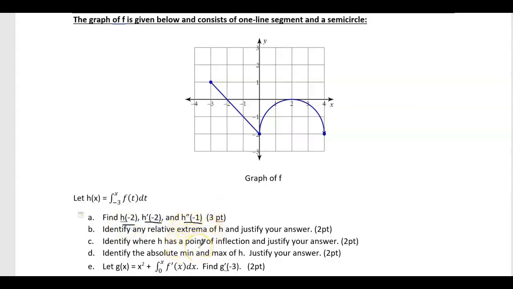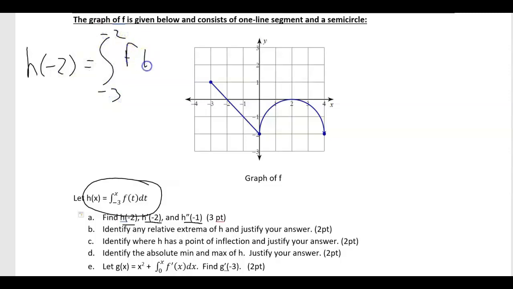The first thing we're asked to do is find h of -2. This is my function for h, so if I want to find h of -2, I'm just going to plug in -2. You have to pay attention to whether the limits are in the correct order.